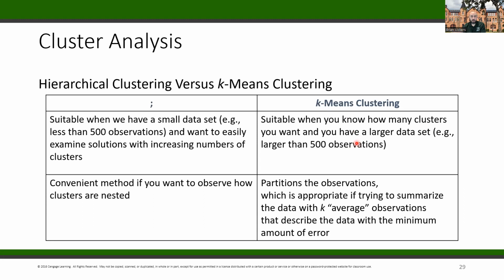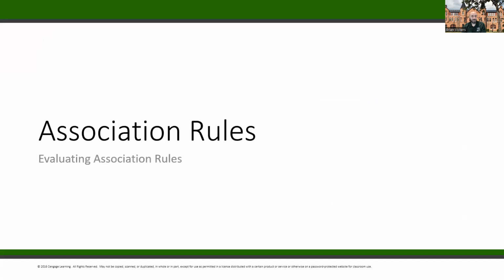If the observations are able to be averaged out in some way, then k-means clustering would be appropriate. You can average the age, you can average the income. There are some categorical values that it's not appropriate to average. It wouldn't make sense as an average. So you wouldn't use k-means clustering. You would use the hierarchical clustering values.